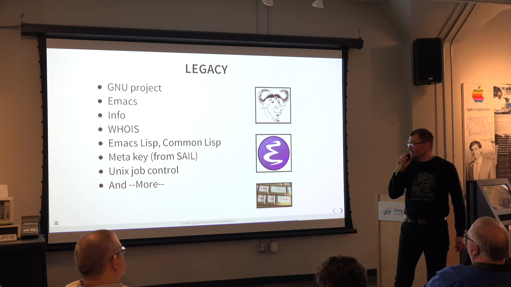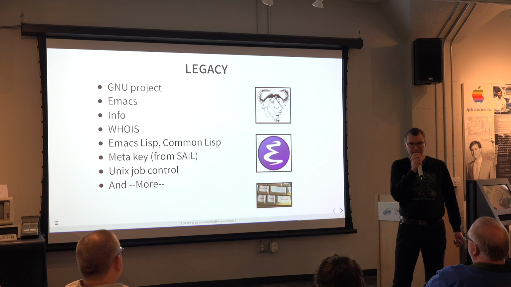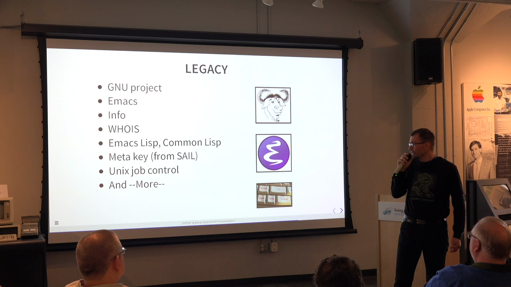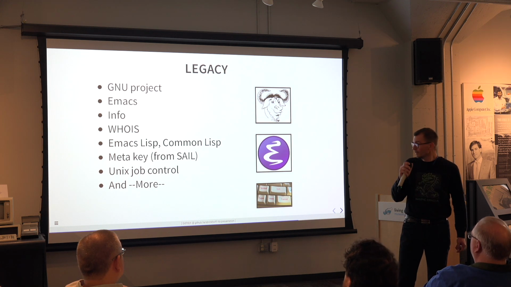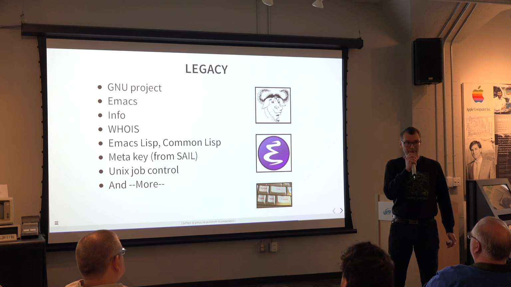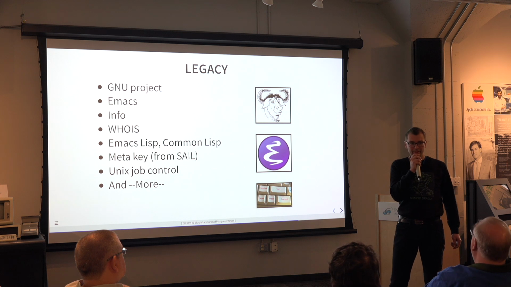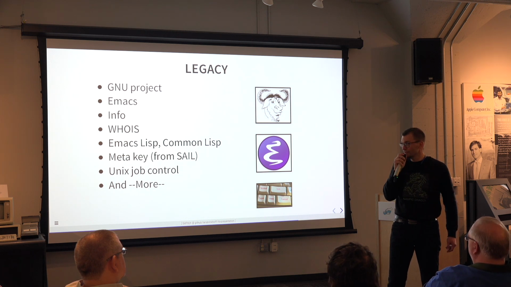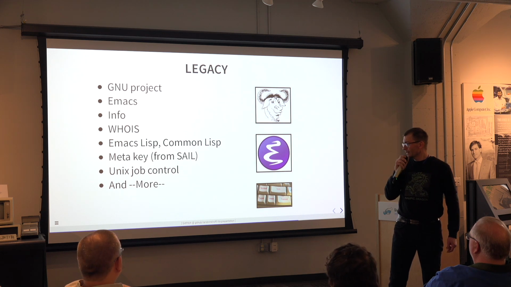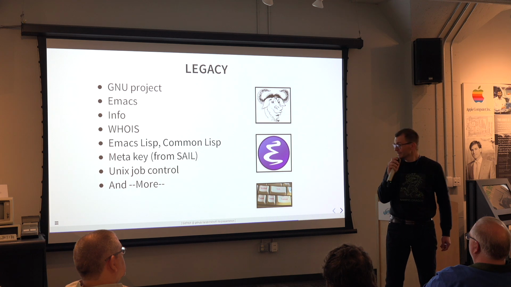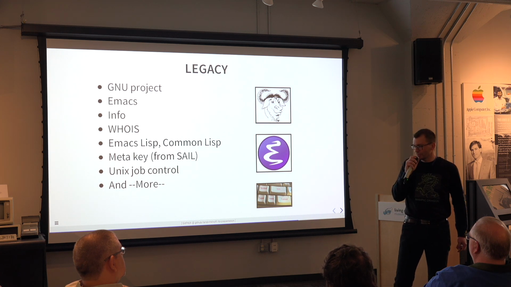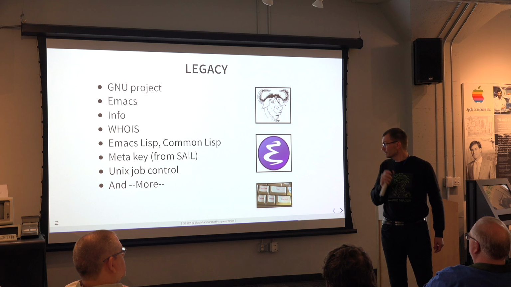I have to admit it didn't originate at ITS, but at the Stanford AI Lab. Unix job control was added by an ITS hacker missing those features from ITS. And similarly, the more utility in Unix is also pretty much copied from ITS.